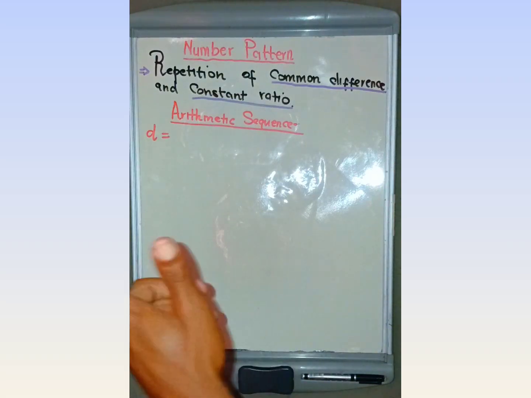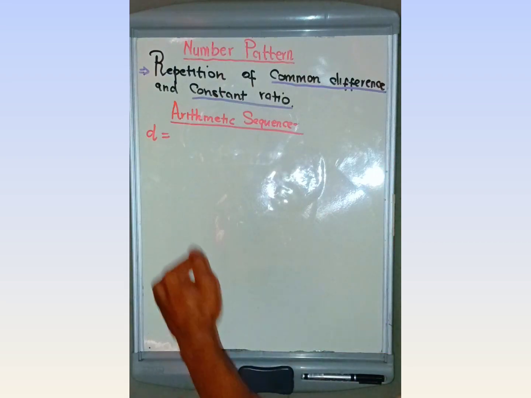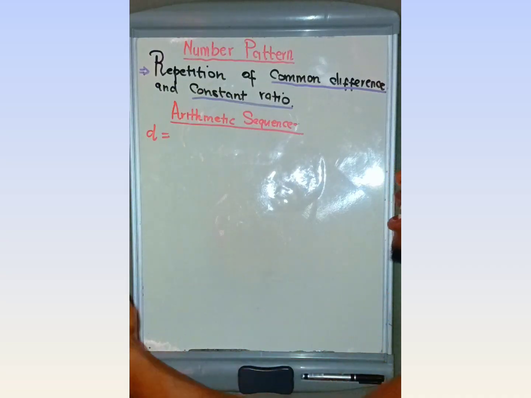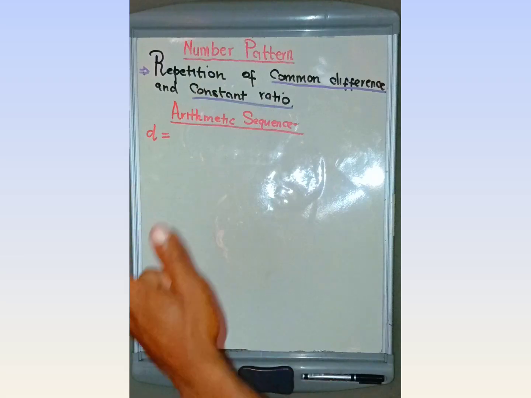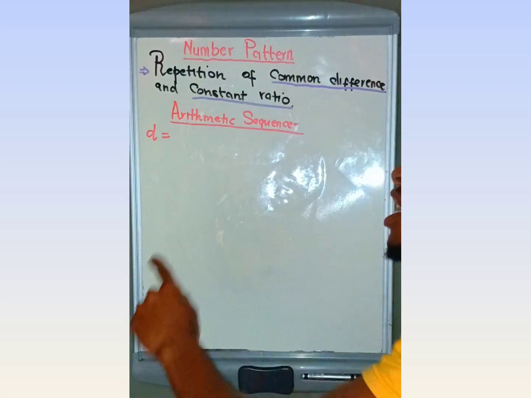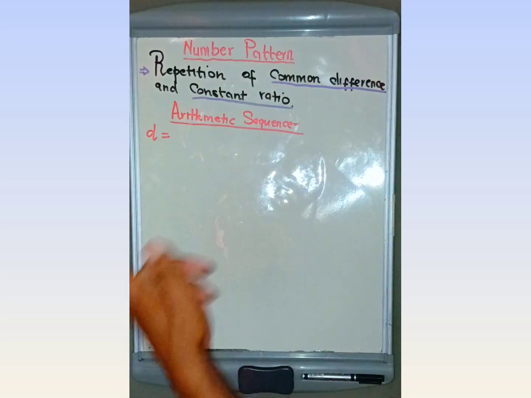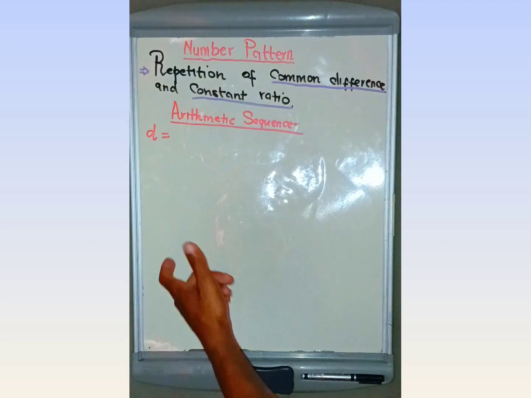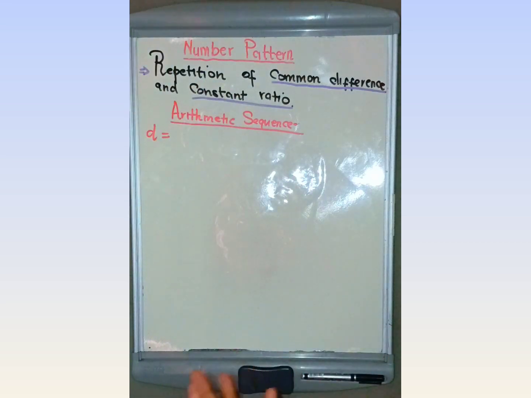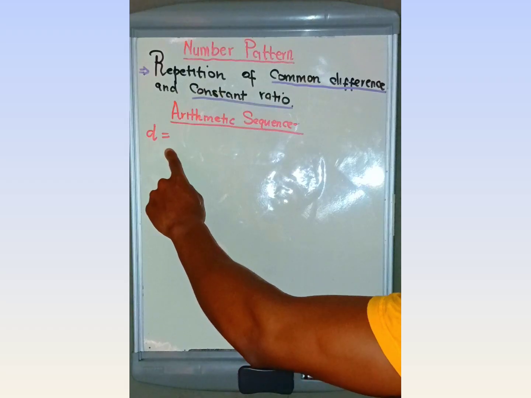The value of d is also used to determine the general term, and to calculate the unknown variable or the next two terms in the sequence. In this example, the value of d is equal to 1.